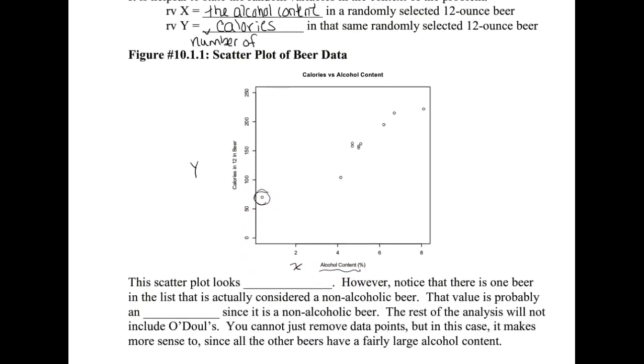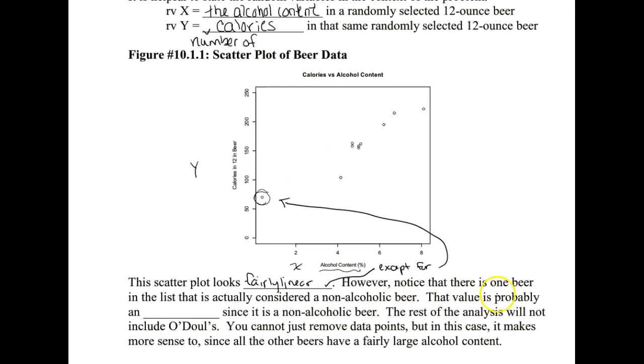So this scatter plot looks fairly linear, except for that one point that's far from the rest of the data.